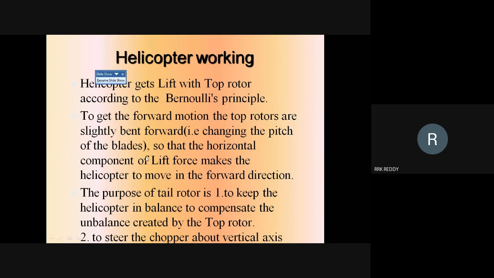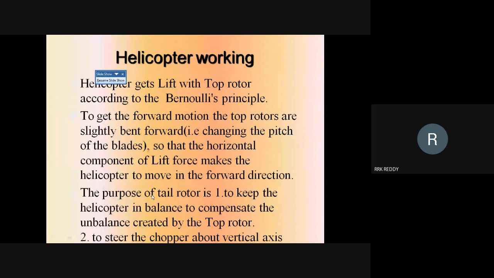With Bernoulli's principle we get lift in the upward direction, so if you bend the top rotors, we automatically get a horizontal component of the lift force. That horizontal component of the lift force becomes the thrust for the helicopter, which moves the helicopter in the forward direction.